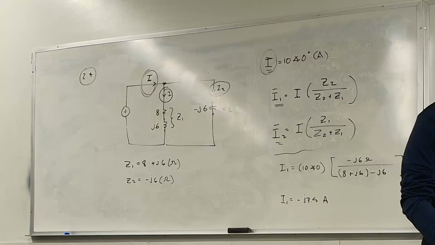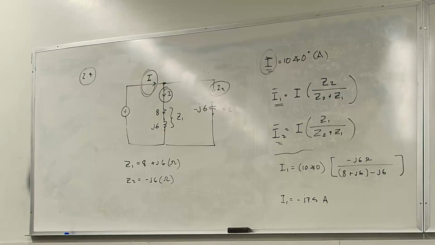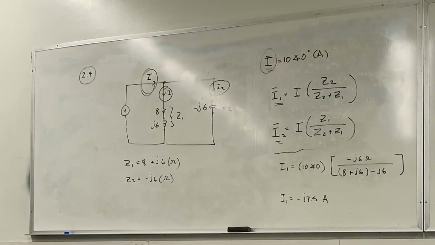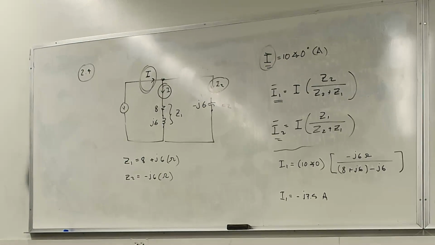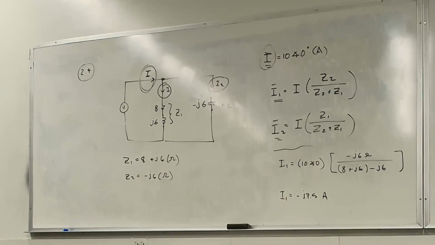I probably did. Hold on one second. Okay, yeah, I did. This current is the current going in through the capacitor, right? So if I had a voltage source, oh, I do have a voltage source.